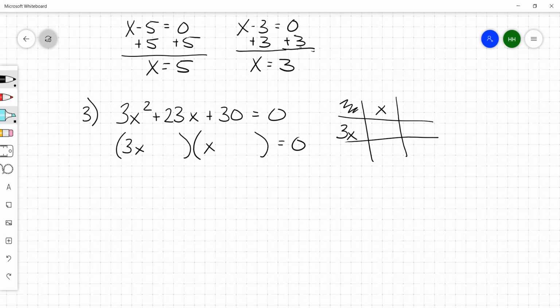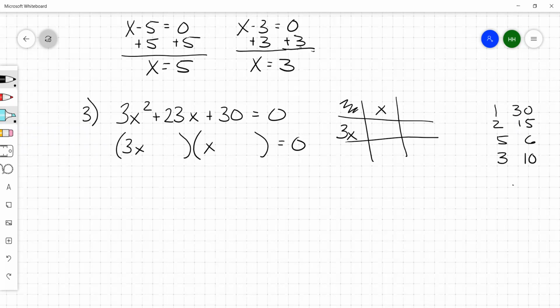We need a 23 in the middle. So factors of 30: 1 and 30, 2 and 15, 5 and 6. 15 and 6 doesn't work. 3 and 10. So that would be 30 and 3.